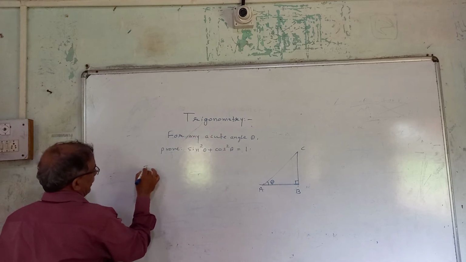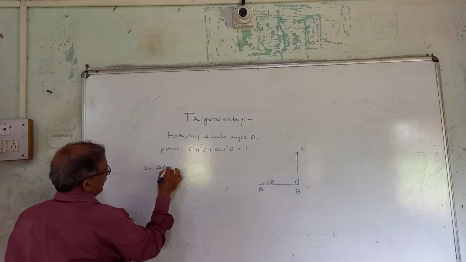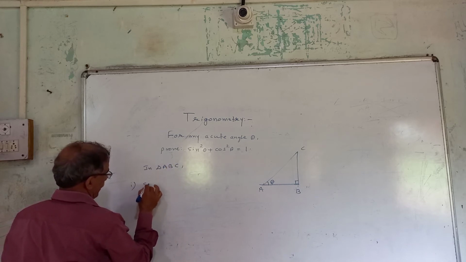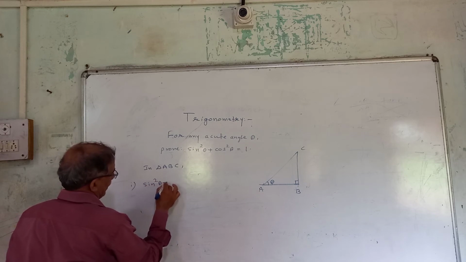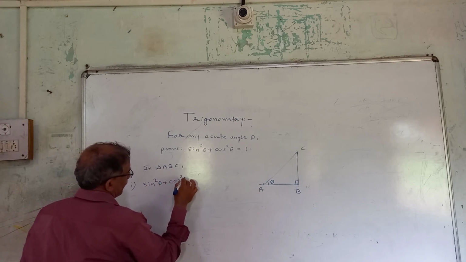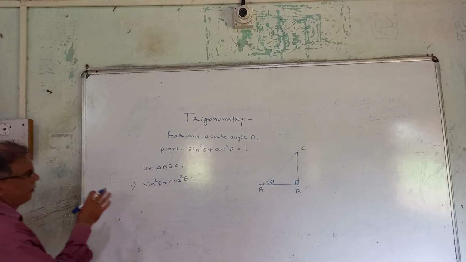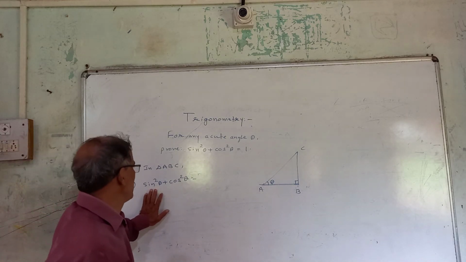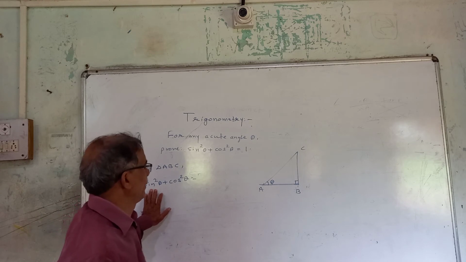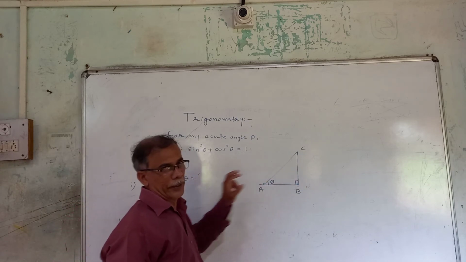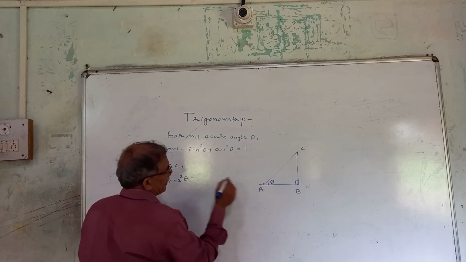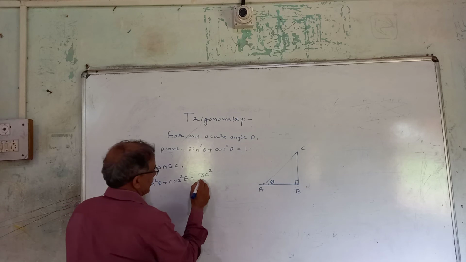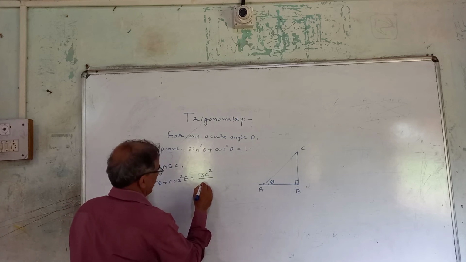Now see, in triangle ABC, sin square theta plus cos square theta is equal to. Now we are going to find this answer. Sin square, sin means which side upon which side? Opposite upon hypotenuse. So now the opposite is BC, square it. So BC square upon what?